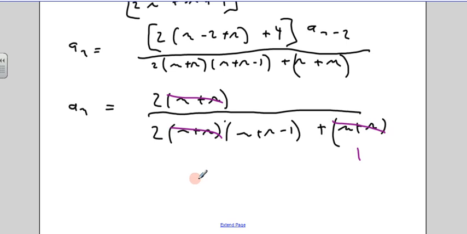And so I'm going to have a 2 on top, a 2n plus 2r minus 2 plus 1 minus 1.